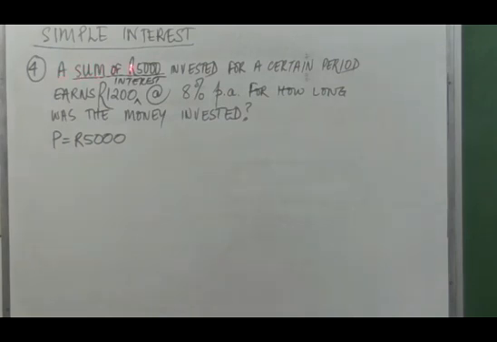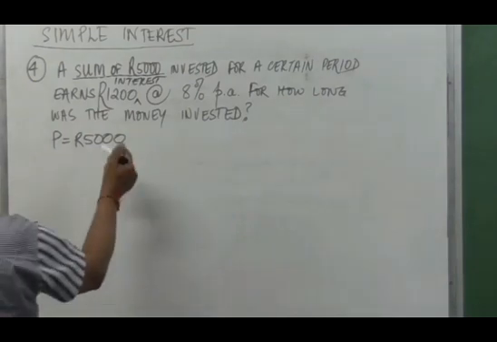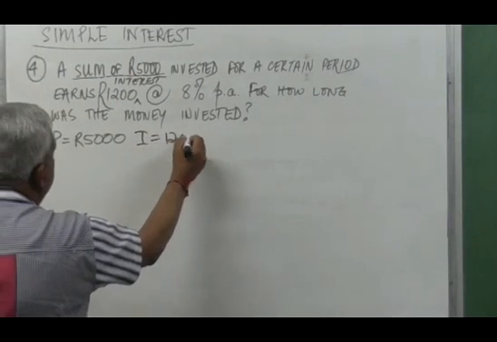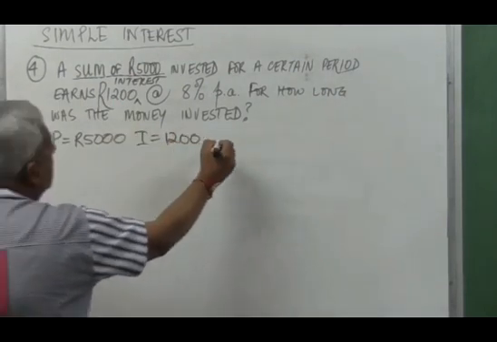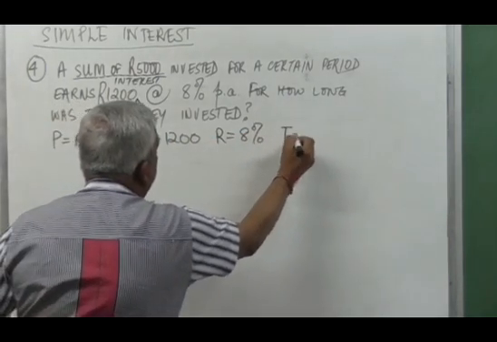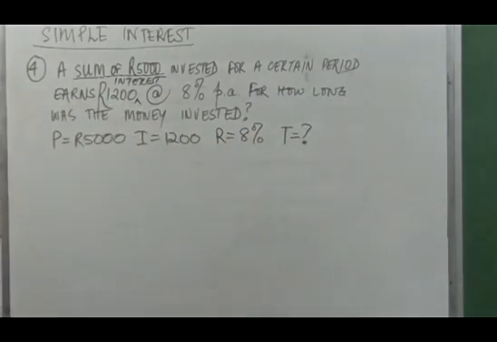An amount of 5,000 invested for a certain period earns 1,200 Rand interest at 8% per annum. For how long was the money invested? Right, so that 5,000 is principal, and 1,200 is the interest. The rate is 8%. The time we don't know, we are trying to solve for time.